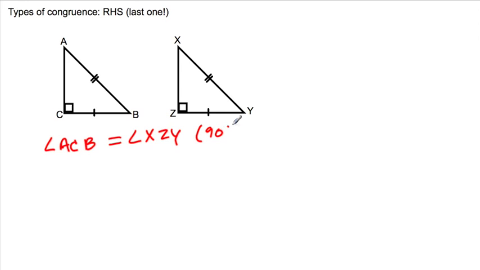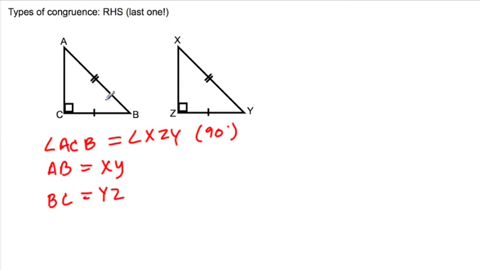Again, they're both 90 degrees. We can see that side length AB is equal to side length XY, and side length BC is equal to YZ.